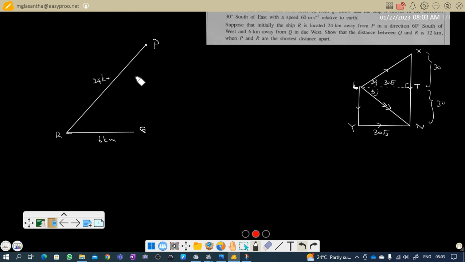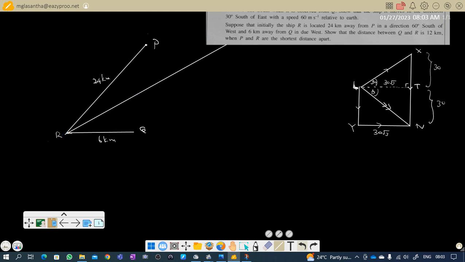You know that Vx is the relative velocity of R relative to P. So when P is at rest, you will see that R moves in this direction like this. This is the path of R relative to P. Right?